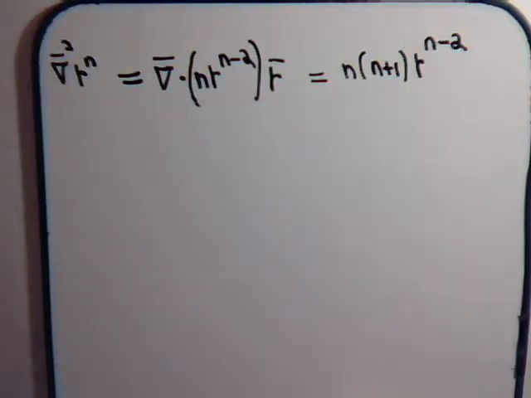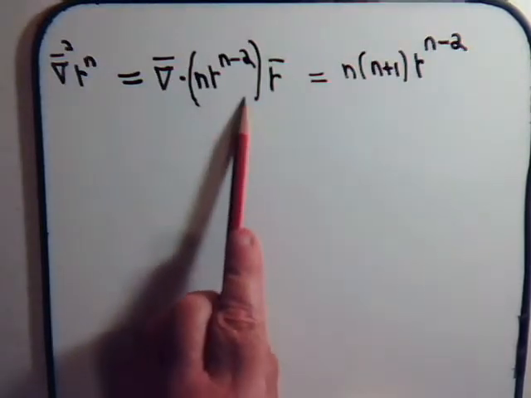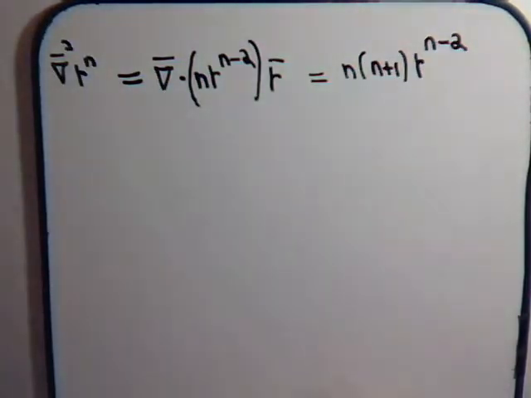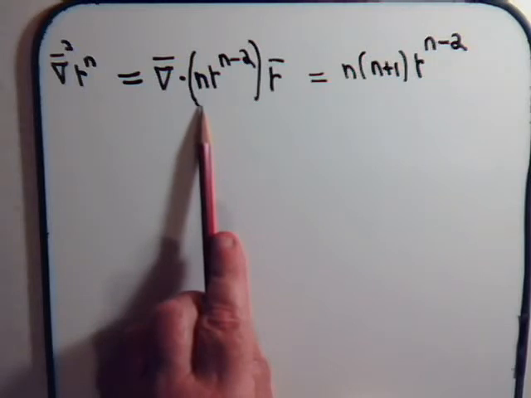What we want to point out in this video is that we encountered this expression in the last video as we were obtaining this identity, and we were able to deal with this with no problem.